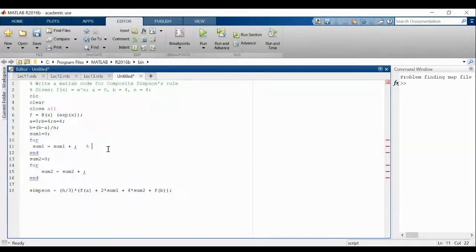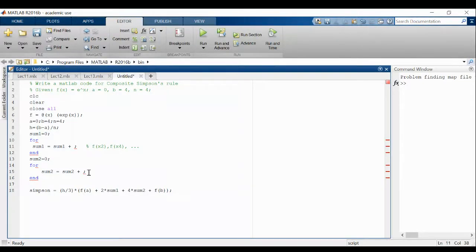And what was the sum? This was f of x2 if you remember, and then f of x4, and so on. This is what the sum is here.